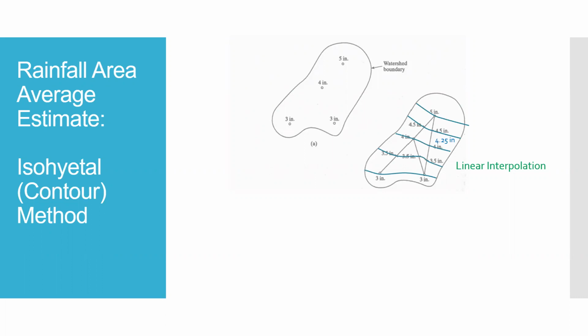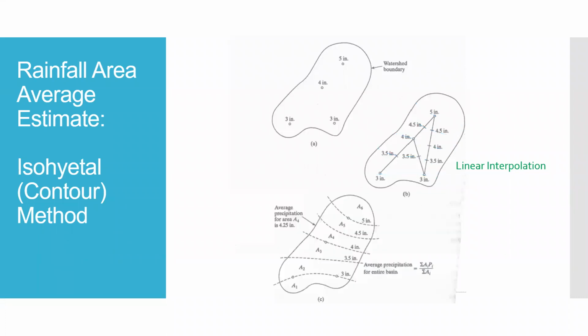In this case, 4.25 inches between 4 and 4.5 inches. This is just a manual linear interpolation method. It's very similar to the kind of computerized method that you'll see on that isohyetal map we saw previously. So once you do that, you now have your isohyetal map.